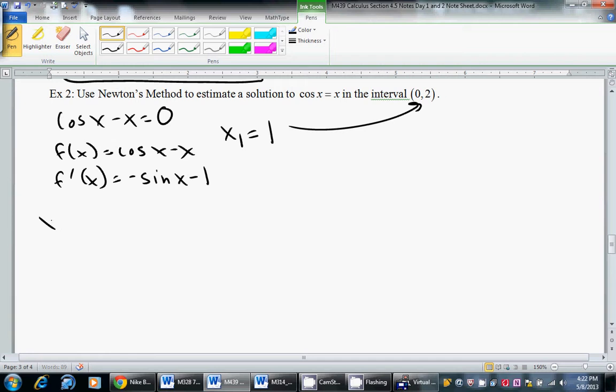Okay, so let's find the next guess. x sub 2 is going to be x sub 1 minus f of x sub 1 over f prime of x sub 1. When you're doing these, I would like to see at least solving x sub 2 written out by hand like this, and then after that, you can start going to the calculator.